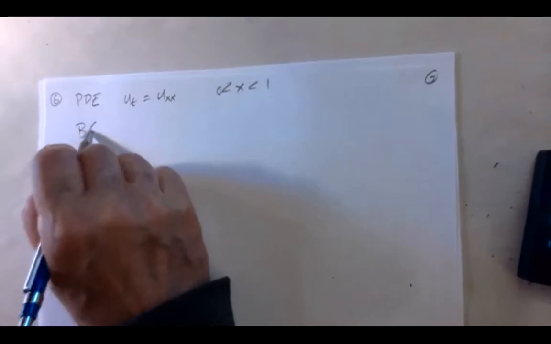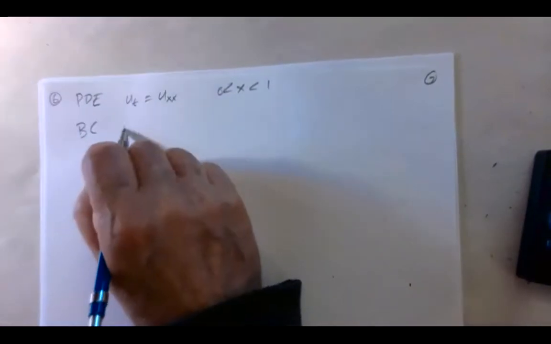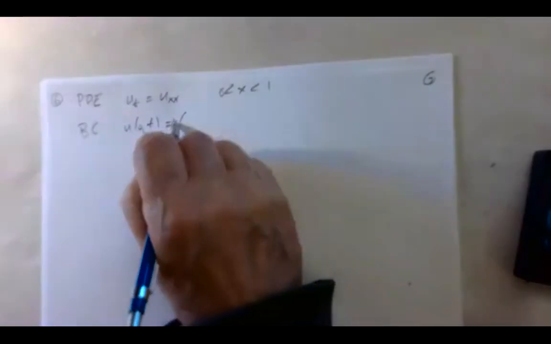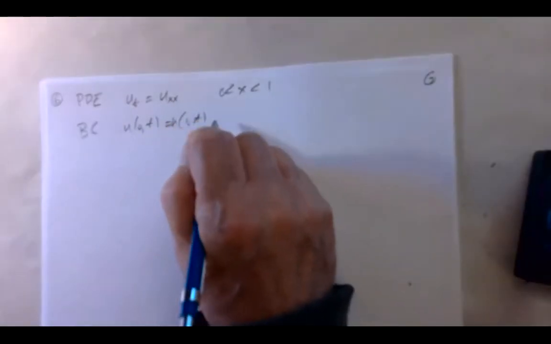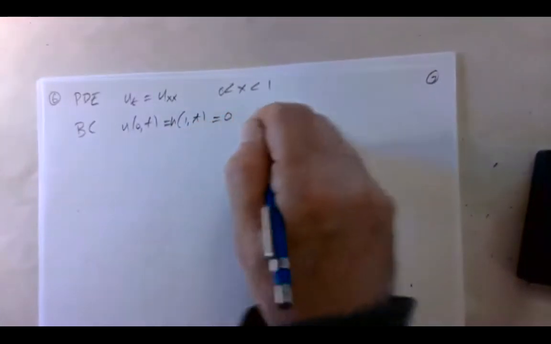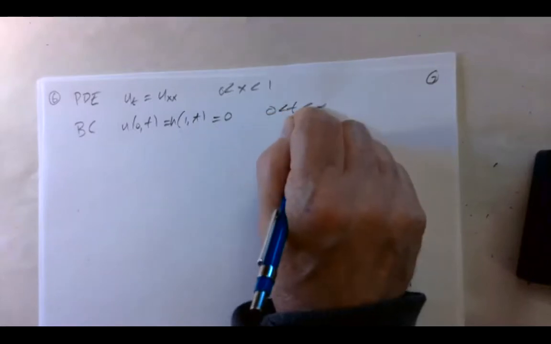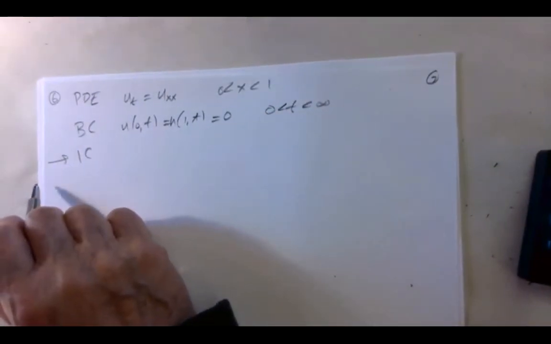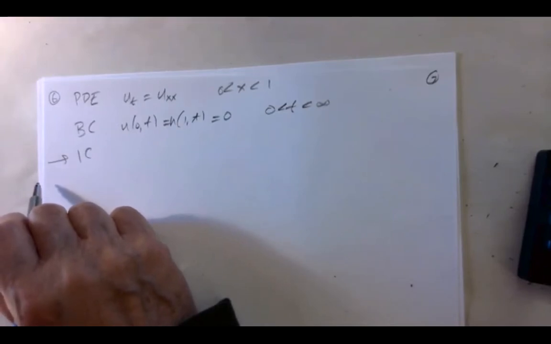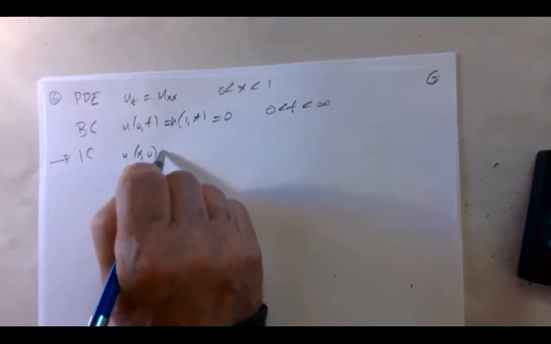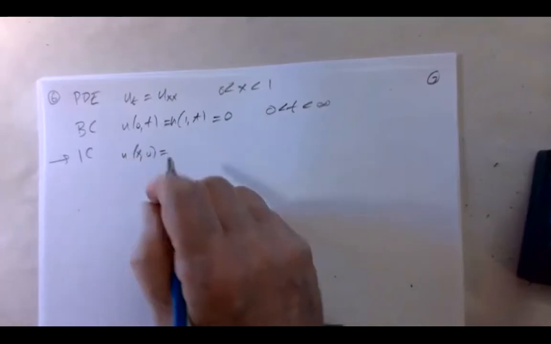The same boundary conditions: at the ends of this rod, the temperature, if that's what we're measuring, is kept at 0 for all time. But we want to change the initial condition. Instead of the initial condition being u of x, 0 equals 1, the initial condition is u of x, 0 equals x minus x squared.